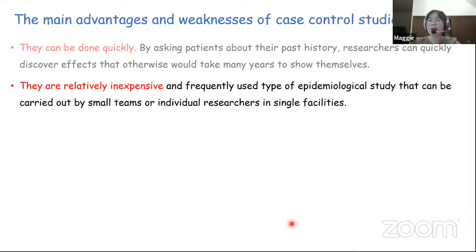And also, these case control studies are relatively inexpensive. Usually, it is a frequently used epidemiological study, and we can carry it out with small teams or individual researchers in single facilities, and then we can get conclusions.